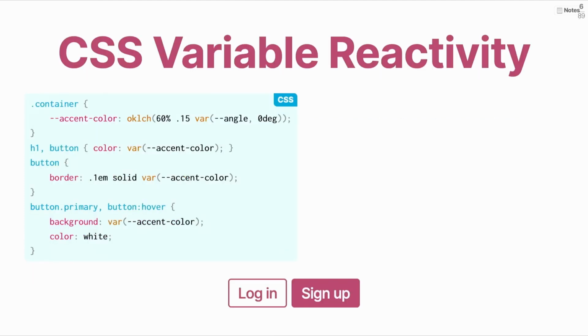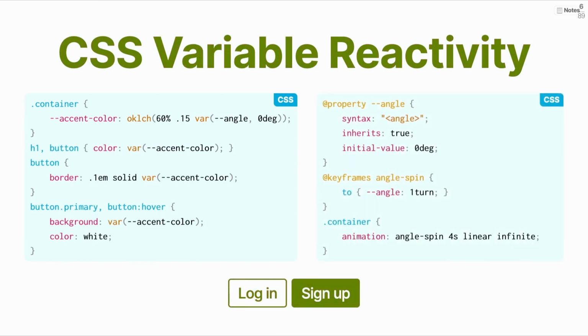For example, CSS variables are reactive. So they're not just constants that we can set and then reference for values like colors and fonts, but actually we can animate them. We can set them with JavaScript.